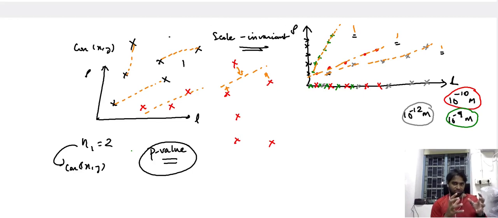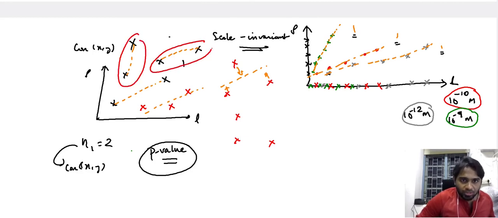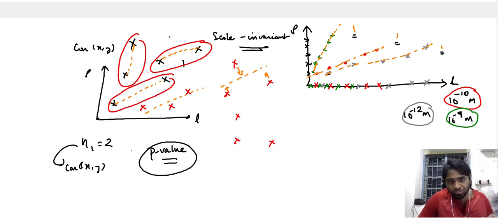So in the initial case, we have considered just two data points. It is possible for us to have several such combinations of data points. So we have here one combination, another combination, and another combination. All these combinations give us the same correlation value.